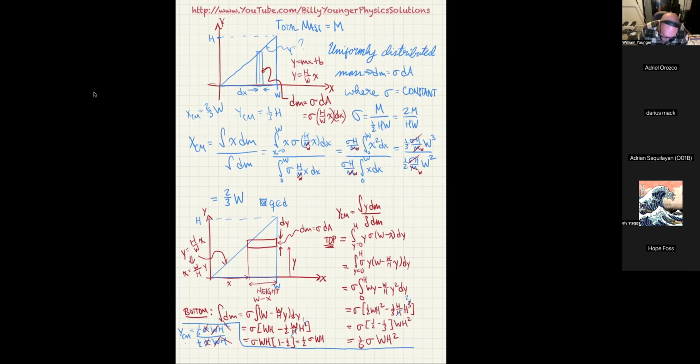And then, like I said, 1/6 divided by 1/2 is in fact 1/3, so YCM equals 1/3 H, which is exactly the answer that we predicted. So other than me mistakenly writing M everywhere instead of W, this was all done without much of a hitch. Anybody have any questions on this?